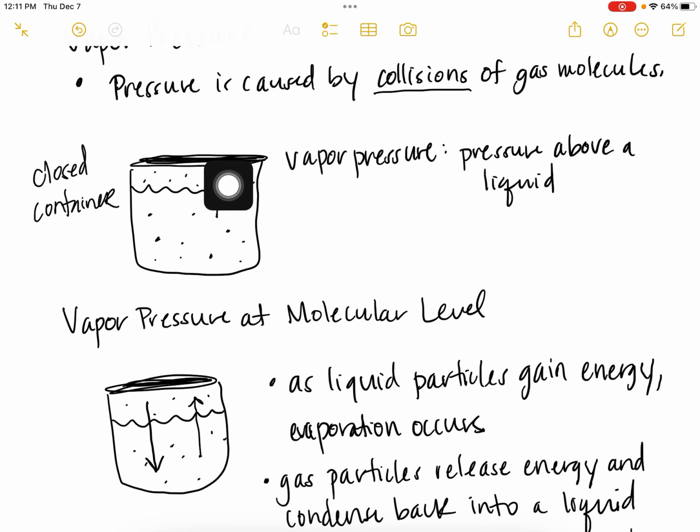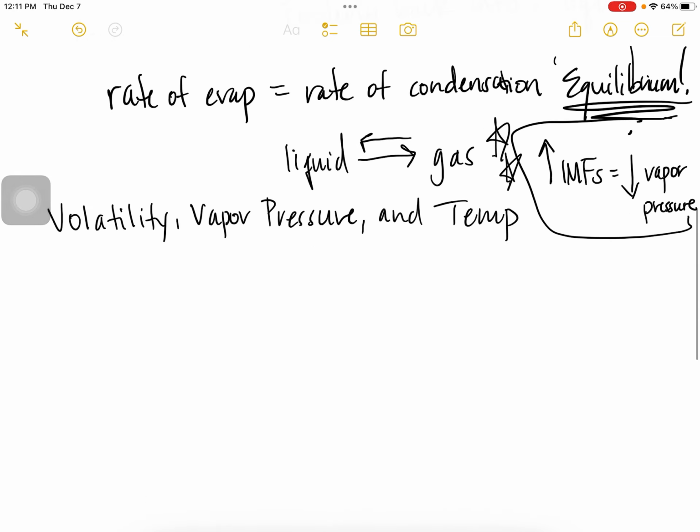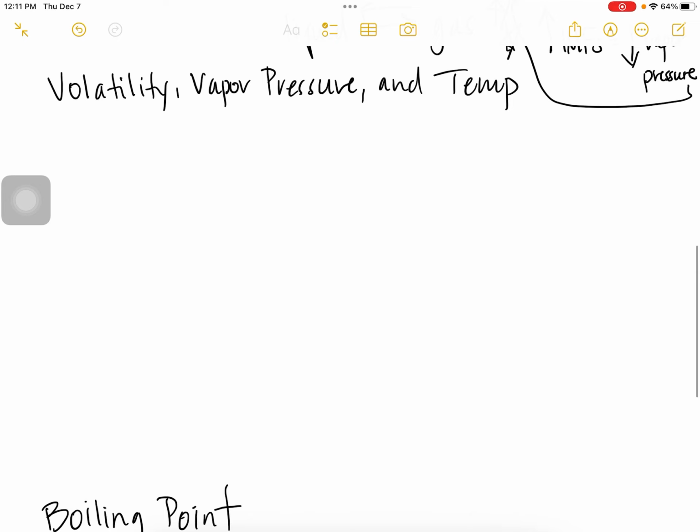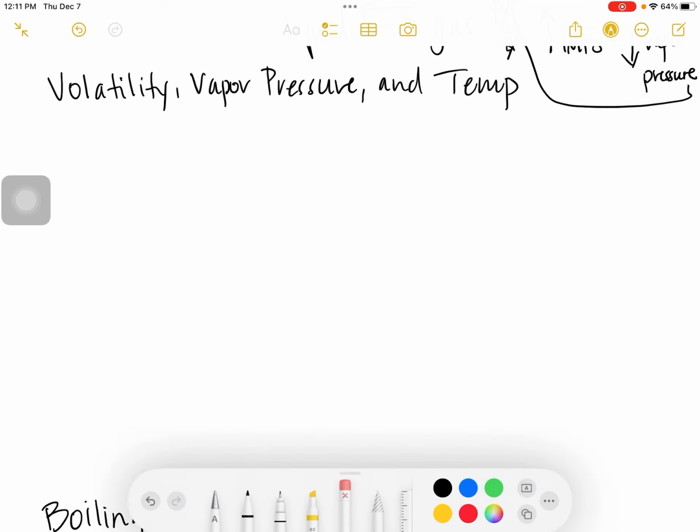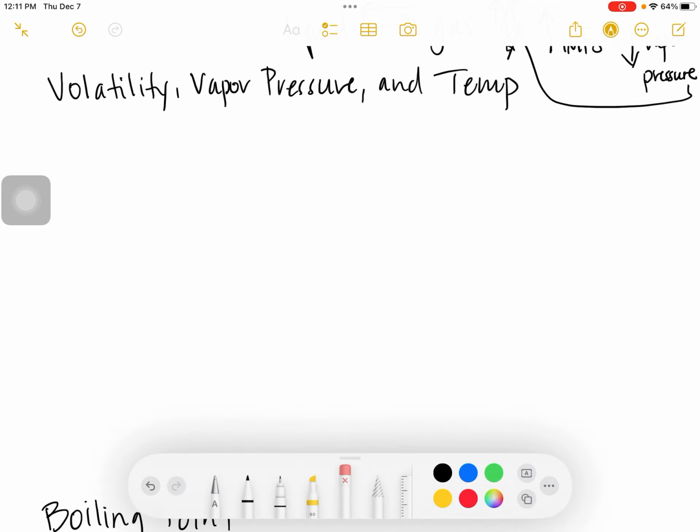So the higher the strength of the IMFs, the lower the vapor pressure. Or vice versa, if this has low intermolecular forces, the particles are going to readily evaporate, more particles, more pressure. Okay, so it's an inversely proportional relationship.